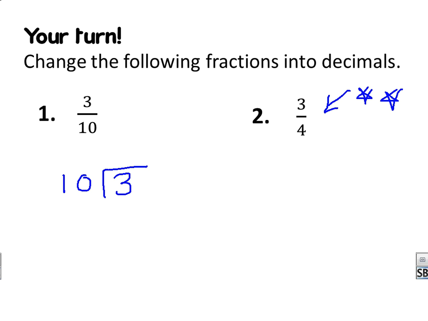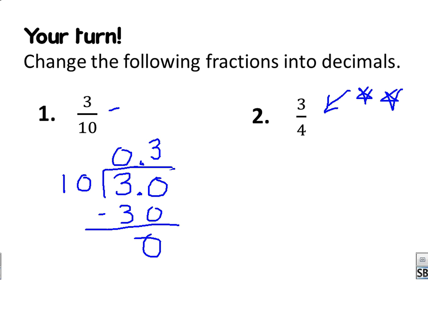I see that 10 doesn't go into 3, but I add a decimal and a 0 here. And I see that 10 goes into 30. Oops, almost messed up there. 3 times evenly. Class, 3/10 as a decimal is 0.3.